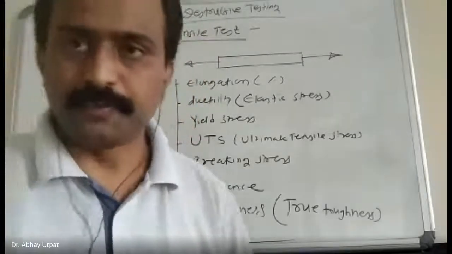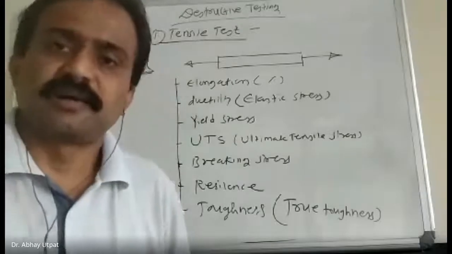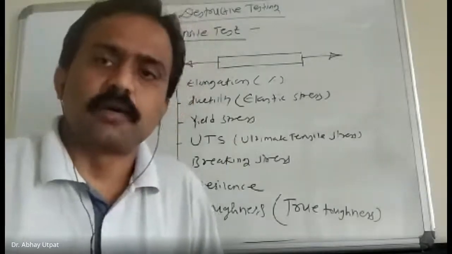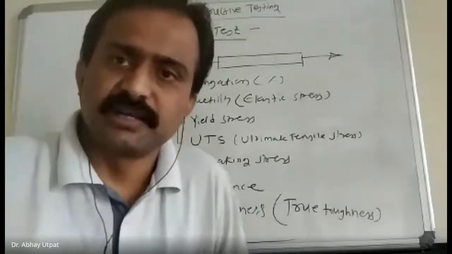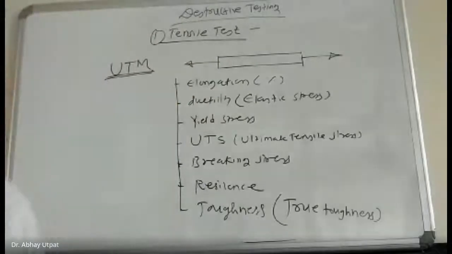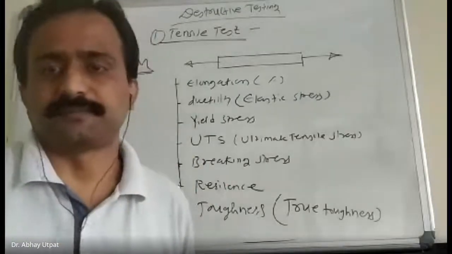The meaning of universal testing machine is that this machine is used for tensile testing, compression testing, shear testing, bending testing. All types of testing are carried out on this machine. That's why the name is universal testing machine.